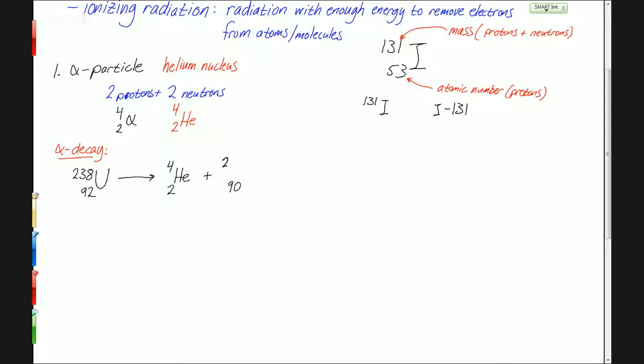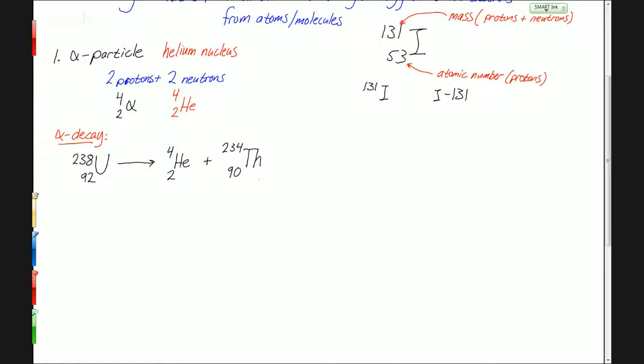Yeah, 234. So what should we call this element? Is it still uranium? Right, it's now thorium because we have to look over for 90. We have 90 protons instead of 92. So it's no longer uranium, it's now thorium. And that's alpha decay. So all you have to know is that uranium-238 undergoes alpha decay, and you can write this whole reaction. So let's try another one.